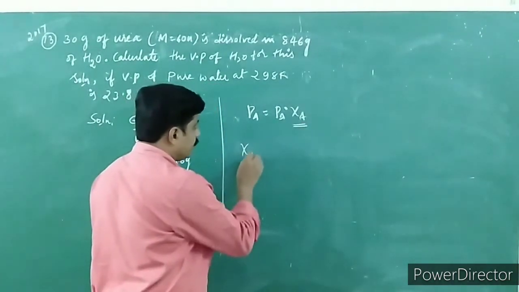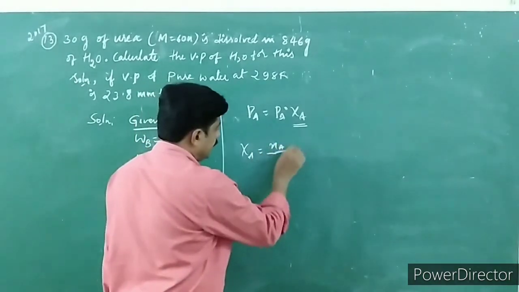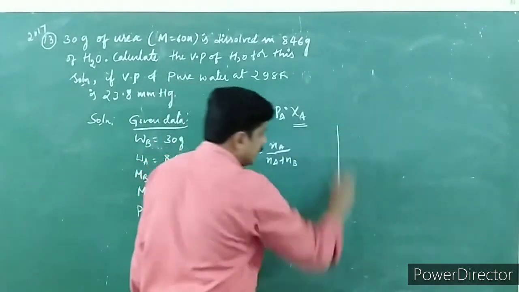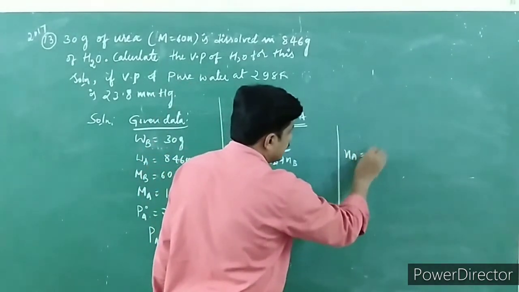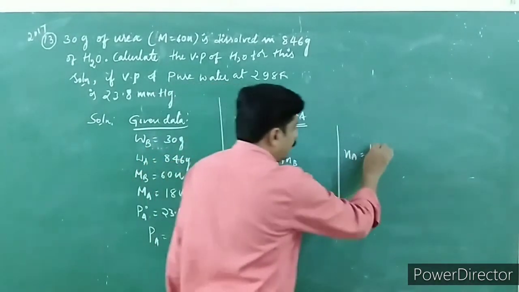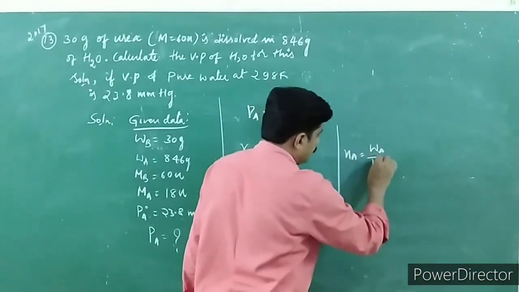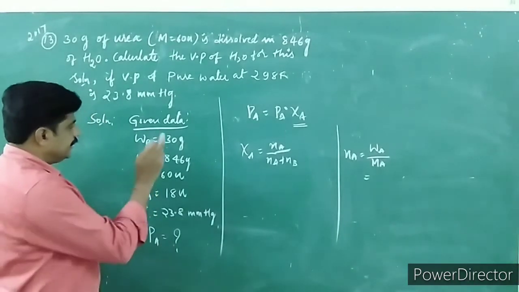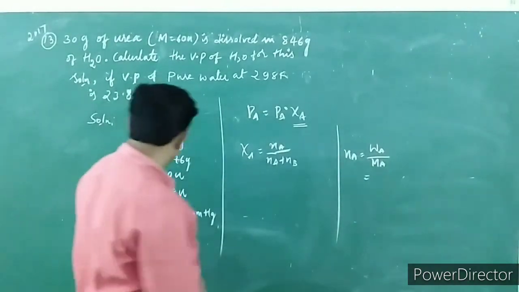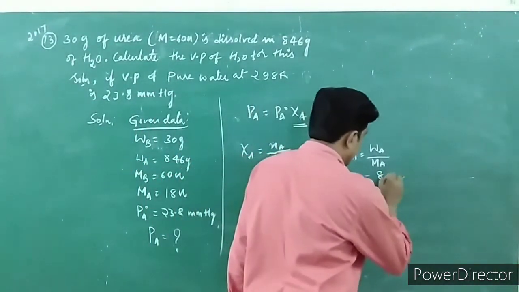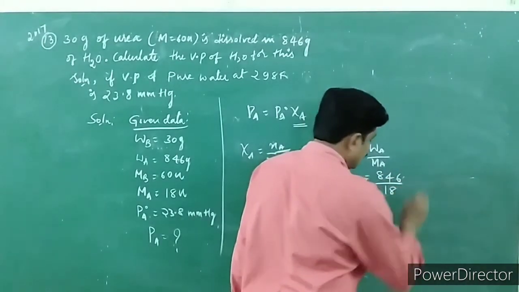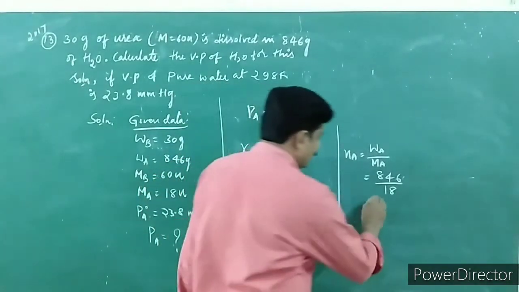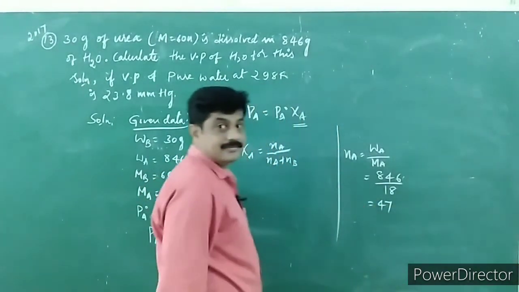Children, XA is equal to nA upon nA plus nB. Now, I need to find out nA as well as nB. nA is equal to given mass upon molar mass. A is for solvent. So 846 upon 18, that is equal to 47.